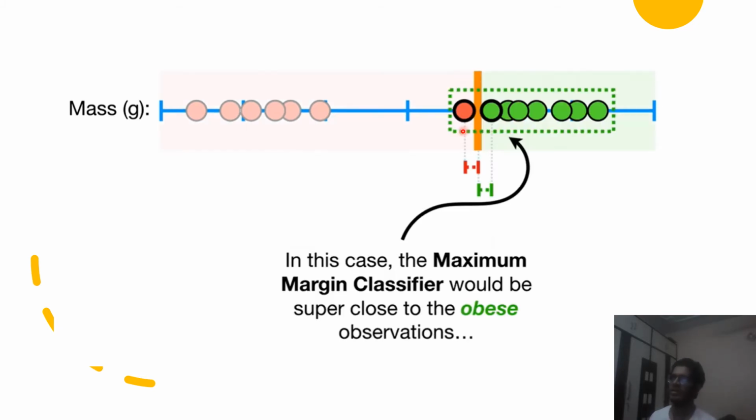In this case, the maximum margin classifier that we found using the equal distances from the edges would be super close to the obese observations just because of this outlier. This creates the need for something called cross validation.